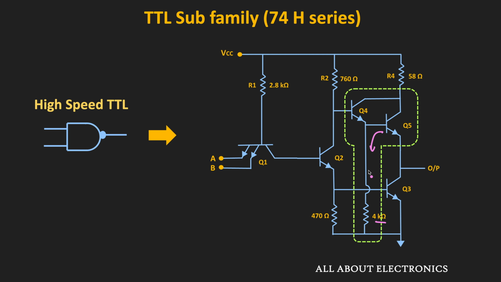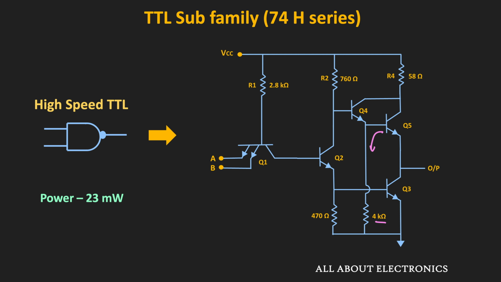In short, because of this Darlington pair at the output side and due to the lower resistance values, the propagation delay of the 74H series gates is lower compared to the standard TTL gates. But due to the higher current, the power dissipation is more. For the 74H series, the typical power consumption is around 23 milliwatt, while the propagation delay or speed of the logic gate is roughly around 6 nanosecond.